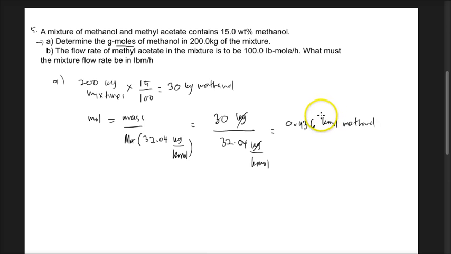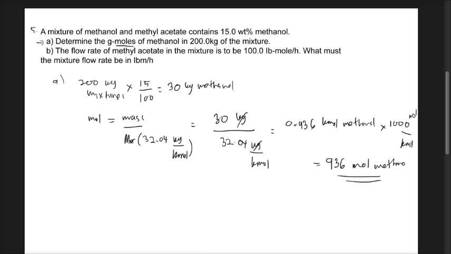Since 1 kilomole is 1000 mole, you multiply by 1000 mole per kilomole, so you get 936 mole of methanol. Alright, so that's part A for question 5.